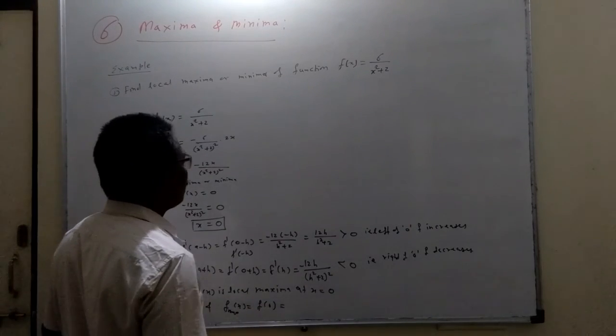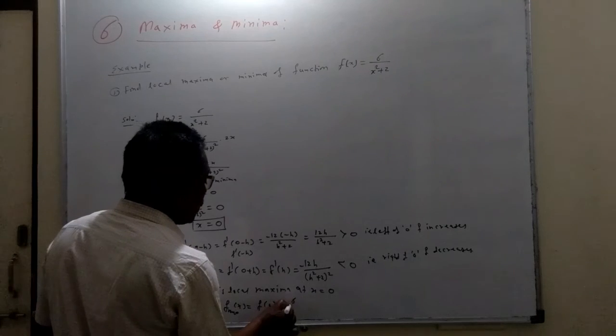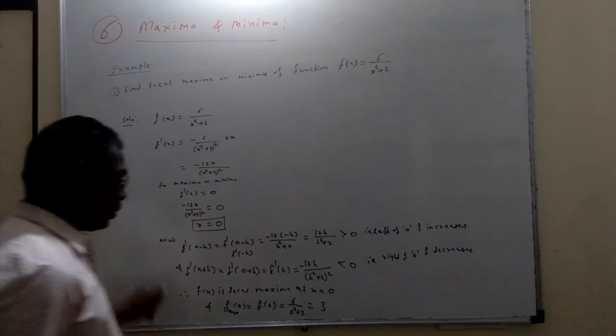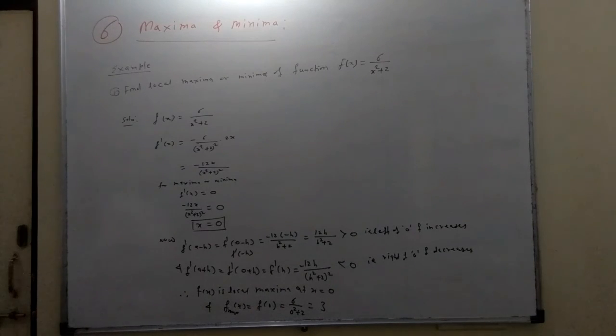Put the value in the function, so 6 upon 0 square plus 2, so that is 3. So this 3 is the local maximum value. The minimum value is not available for this function.